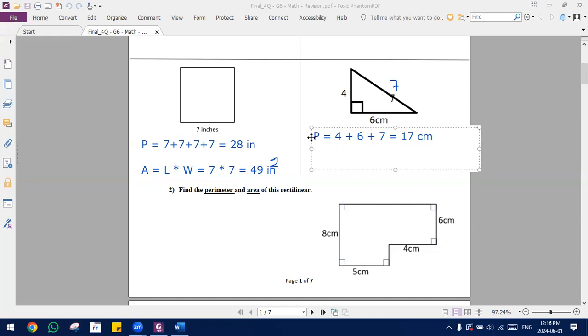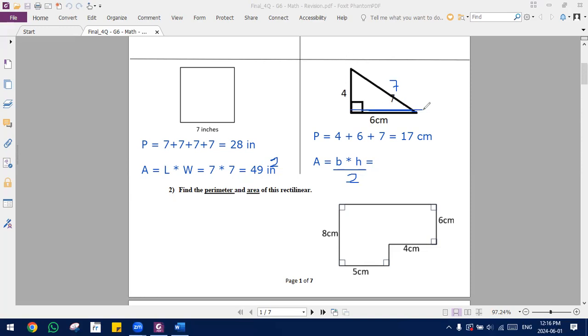Now for the area, it looks a little bit similar to the parallelogram. It's base times height, but it's not only base times height. Actually, the triangle is half of the parallelogram, so we say base times height over 2. So here we have a right angle triangle.